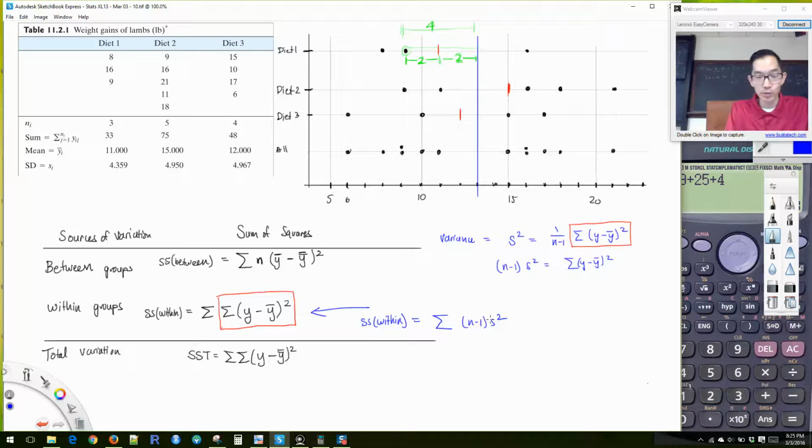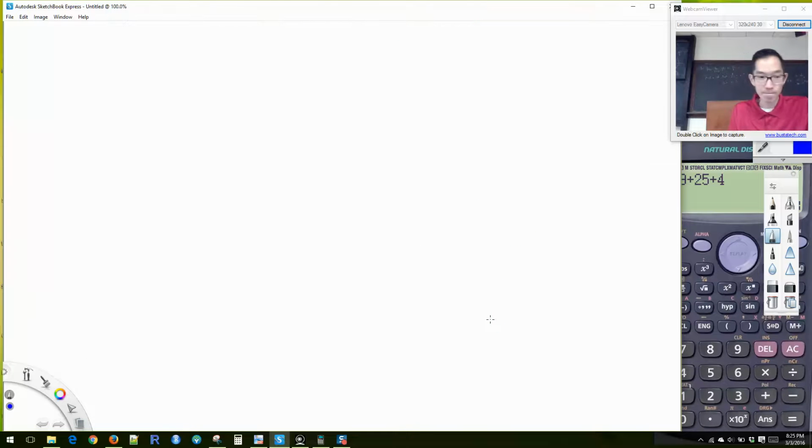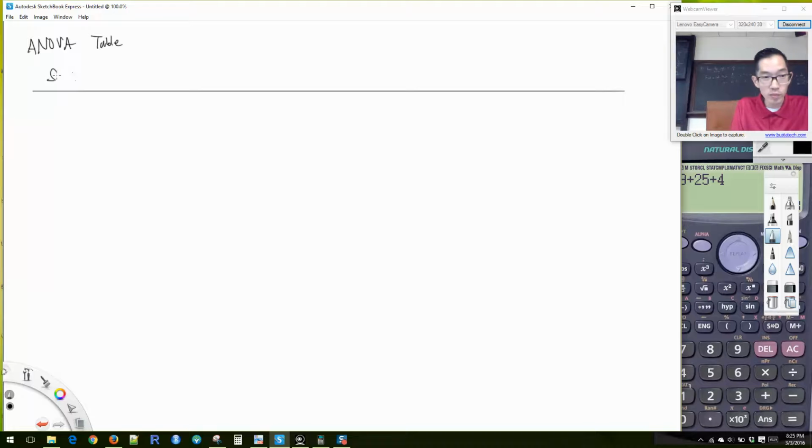Okay, and so a lot of times we're going to be creating an ANOVA table. Okay, so our ANOVA table will have the source, which will basically be called between groups, and then we have within groups, between group, within groups variation.